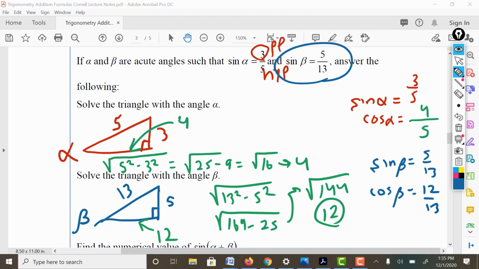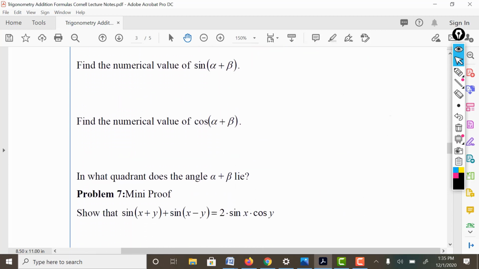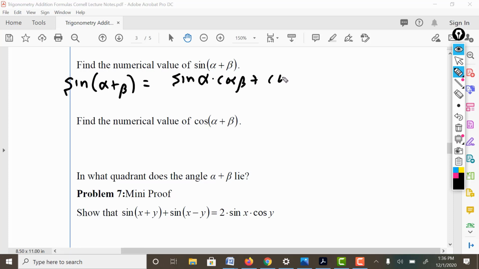So keep in mind that we have two sets of trig ratios for two different angles. I have this first set right here, and I have the second set right here. After that is done, we're going to go ahead and find sine of alpha plus beta. I'm going to plug in these numbers in these parentheses.